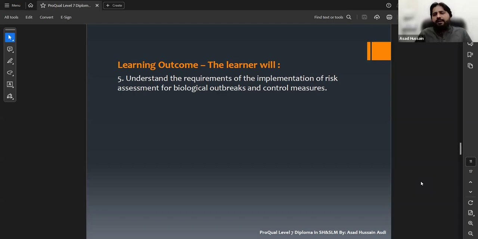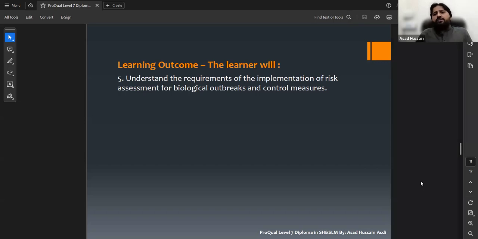And here, like ergonomic issues and other issues, biological outbreaks are a big issue in different circumstances on any workplace.